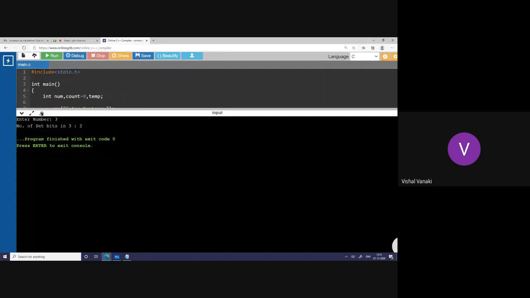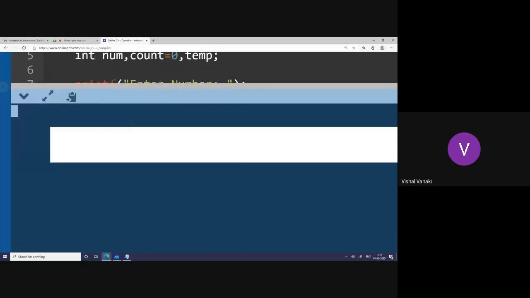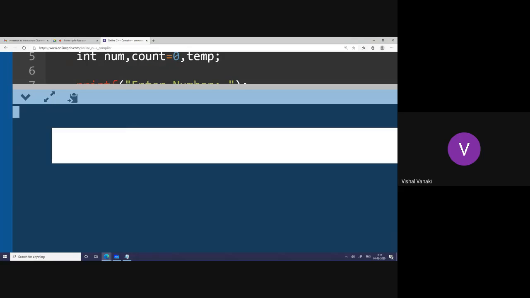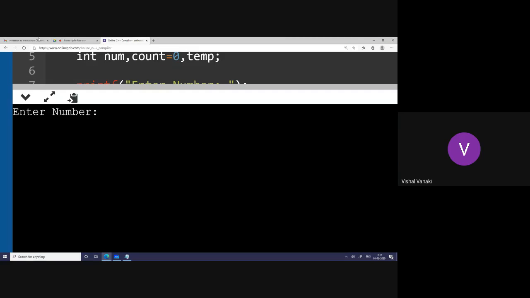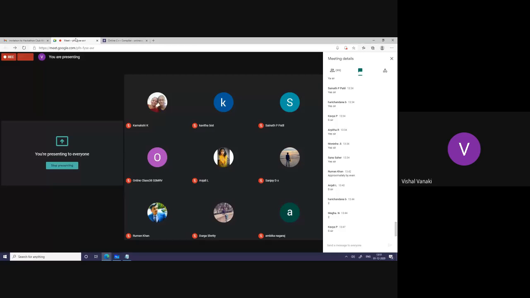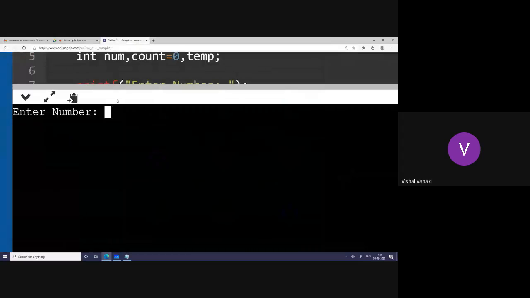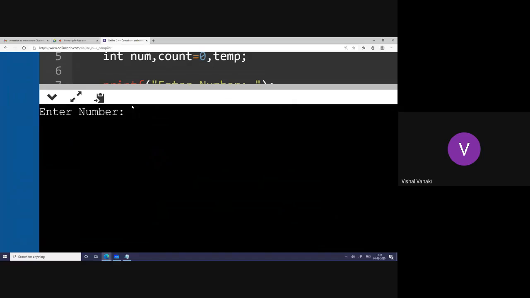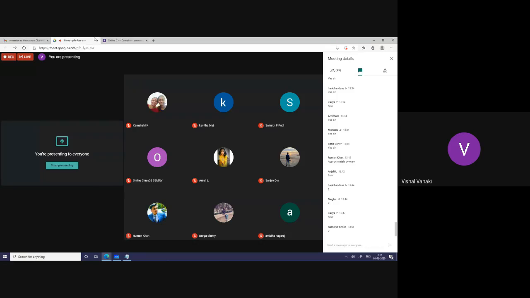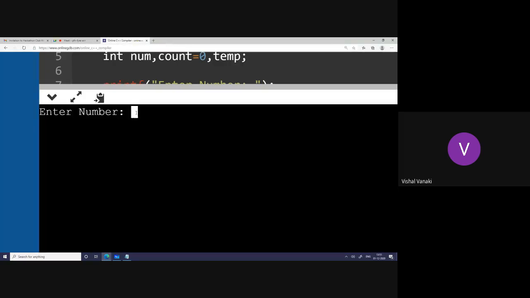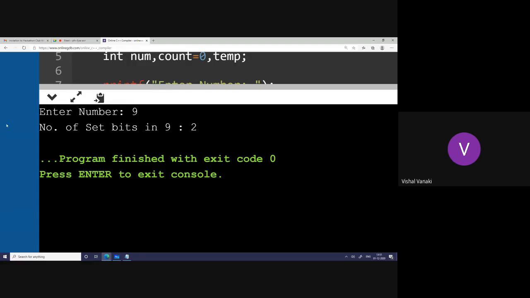Or we will enter a number 7, or you give me any number which you want me to check, or you're sure about how many bits are there. Any particular number? 9. So 9 is having 2 set bits.